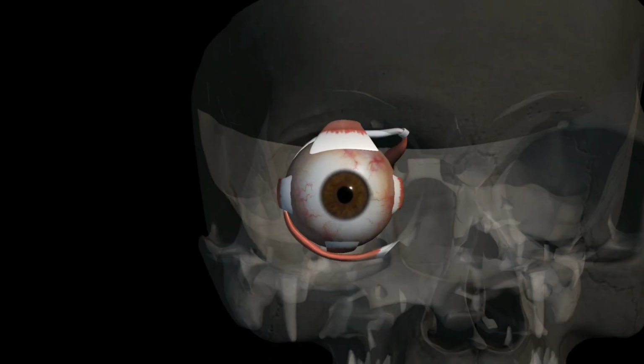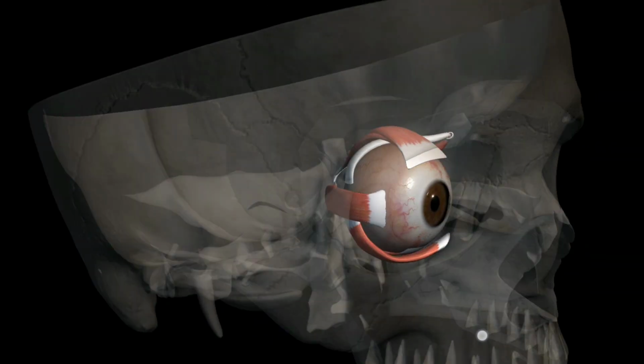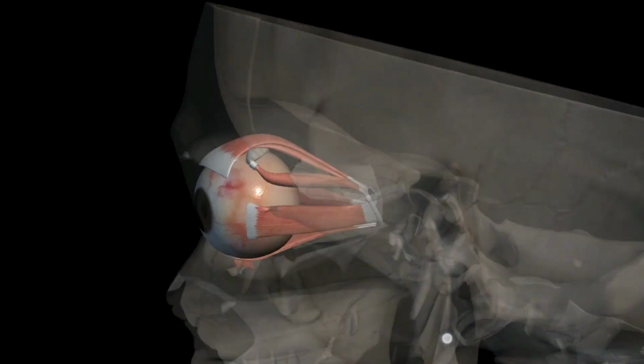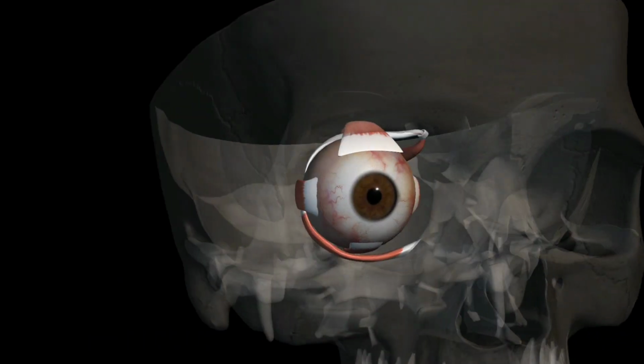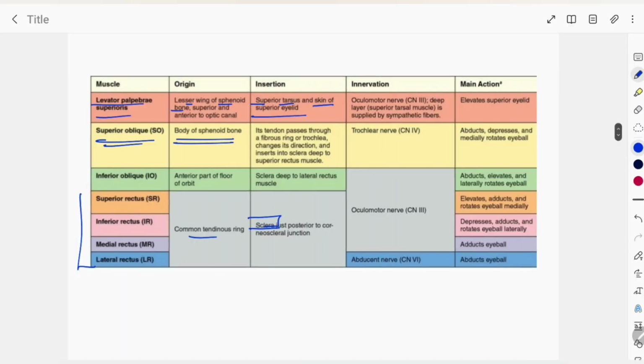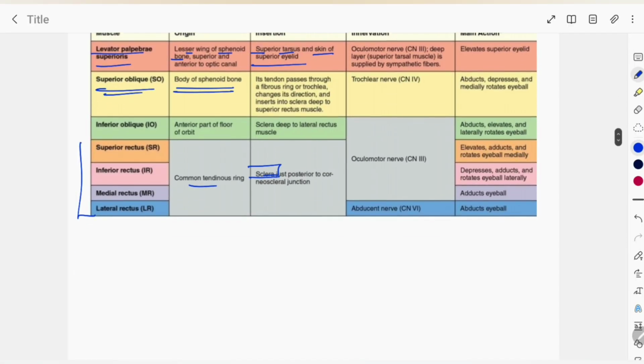Now we will be discussing the nerve supply and action. But as you can see, all the origin and insertion should be clear from this. For the nerve supply, there is a mnemonic that is SO4 LR6. What does SO4 LR6 indicate?